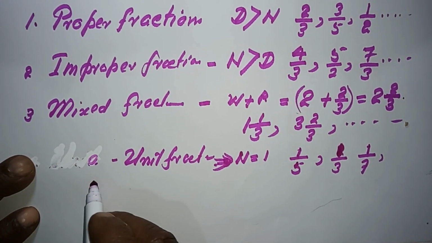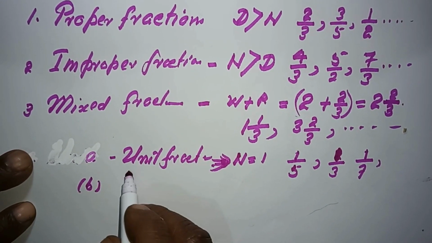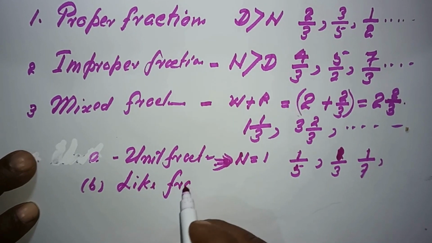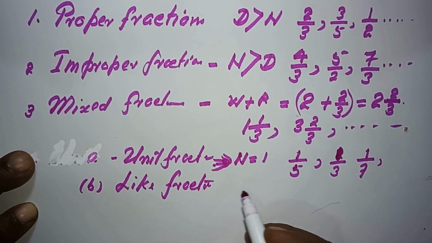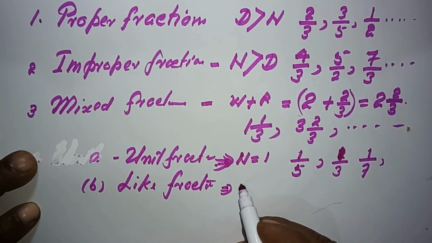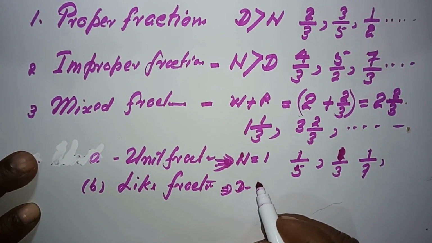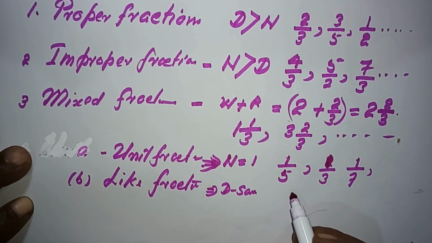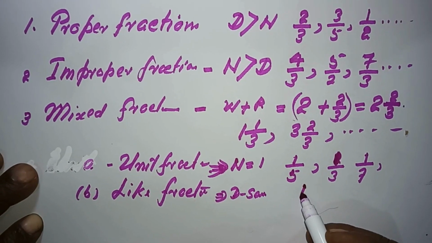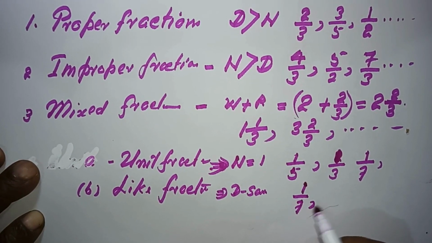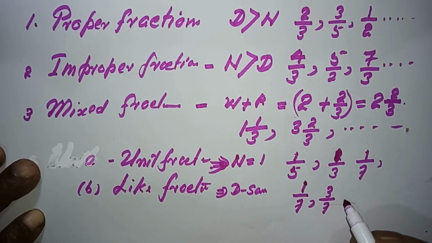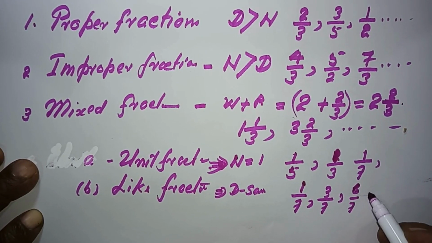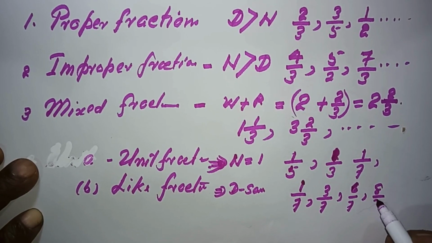Right. The second one is like fractions. In like fractions, denominators are same. That is, I can give you as examples 1 over 7, 3 over 7, 6 over 7, 8 over 7.